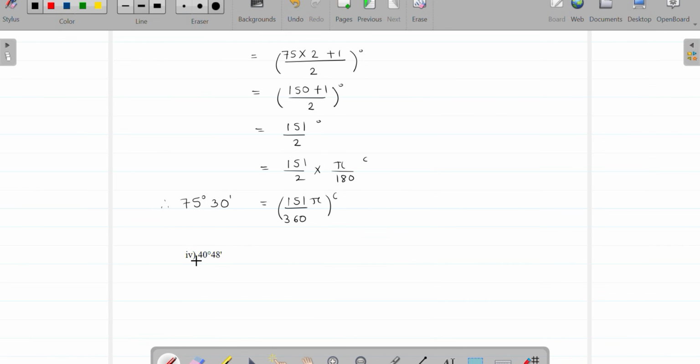Next example is 40 degree 48 minutes. Now first we have to convert this given 48 minutes into degree. We know that to convert degree into radian, we have to multiply given angle by pi upon 180 and 1 degree is equals to 60 minutes.